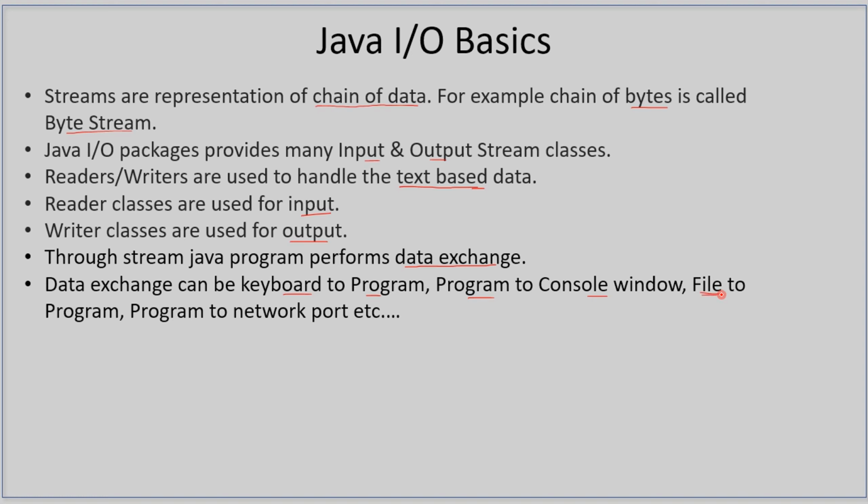File to program: that means you are reading some content from the file, and the data movement is from the file to your program. Program to network or network port: that's also a stream of data. From the program through some network port, the data will be streamed and wired to the next computer system that's listening on a particular port.